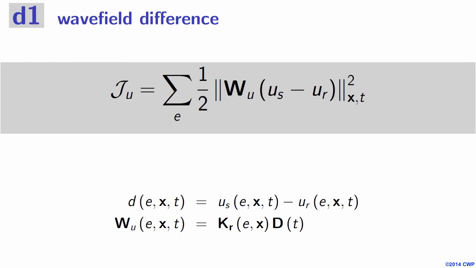Now this is, of course, nothing but full waveform inversion in its most basic implementation or most basic definition. Of course, you see that it is based on the existence of those two wave fields. And that will be the pattern that you'll see for all the other definitions that I'll show you later.